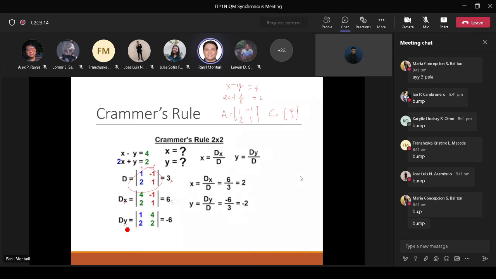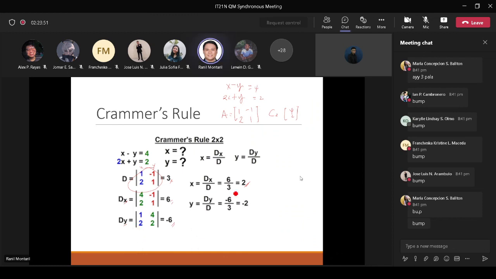Now, for dy naman, we're going to replace naman itong column na to ng coefficient matrix, which is 1, 4, 2, 2, which is equal to 1 times 2, 2, minus 8, which is negative 6. Now, how to get x and y? Cramer's rule is the determinants along x divided by the determinants of the coefficient matrix. So therefore, as we know, dx is 6 and d is 3. Therefore, the answer for x is 2.